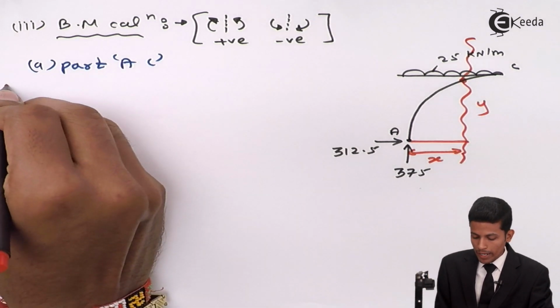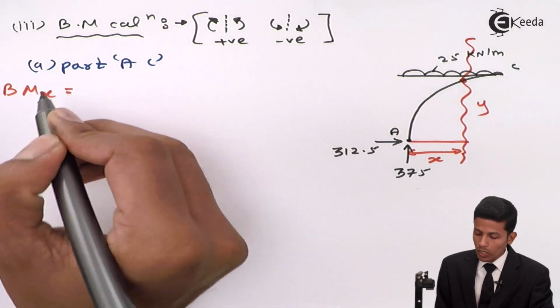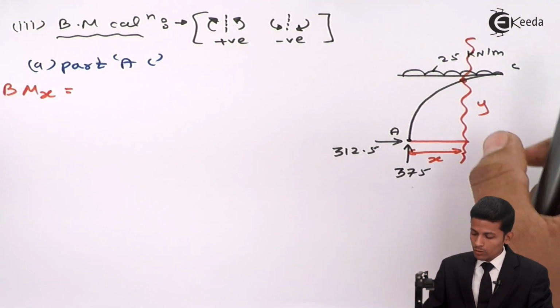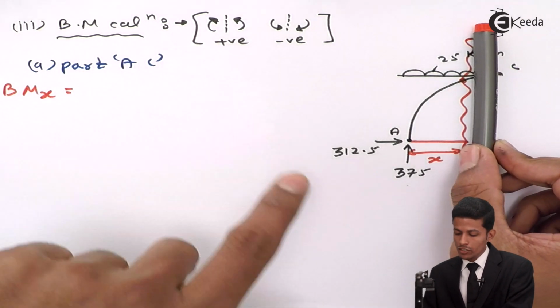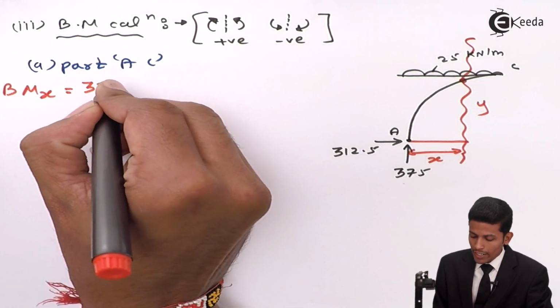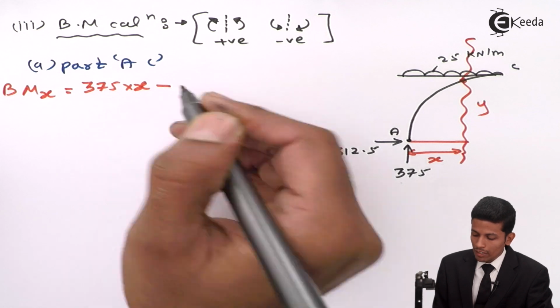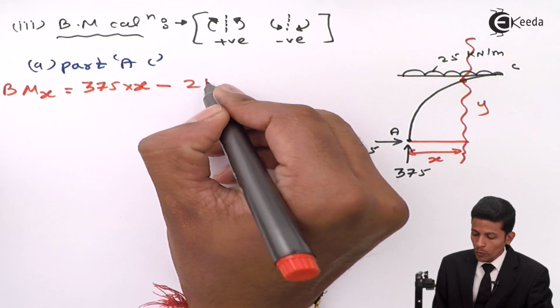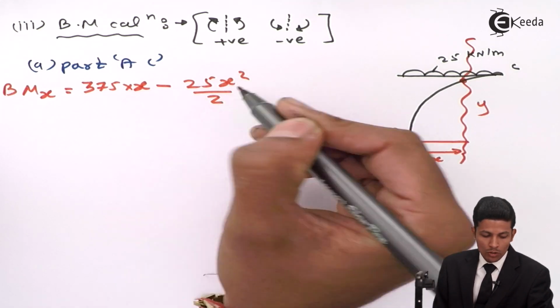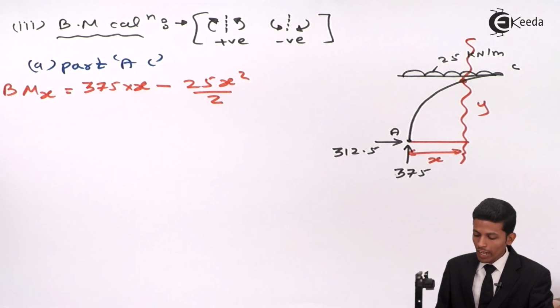Now the bending moment at X is equal to, now see, this is going in this direction, which means by this sign convention, positive 375 into X. After that, the UDL will give minus 25x²/2.